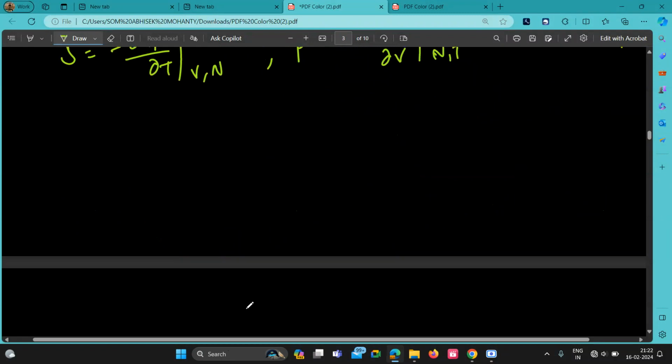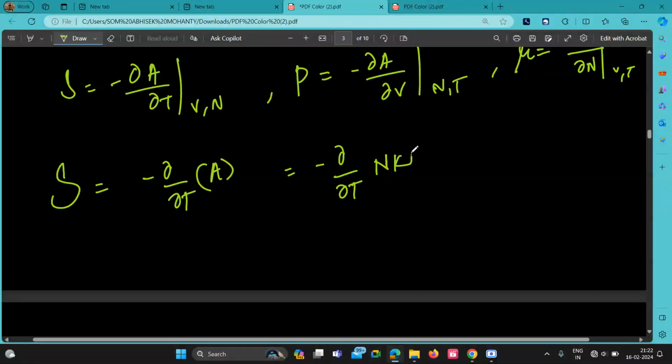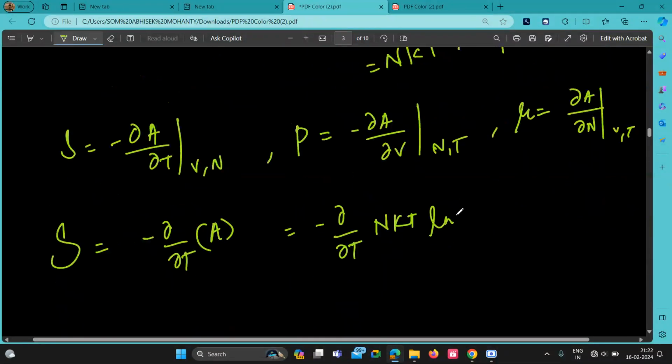Let's calculate it then. Entropy is minus del A by del T, right? So minus del by del T of A, which is NkT ln (beta h cut omega). Your beta is 1 by kT. So minus del by del T of NkT ln (h cut omega by kT).